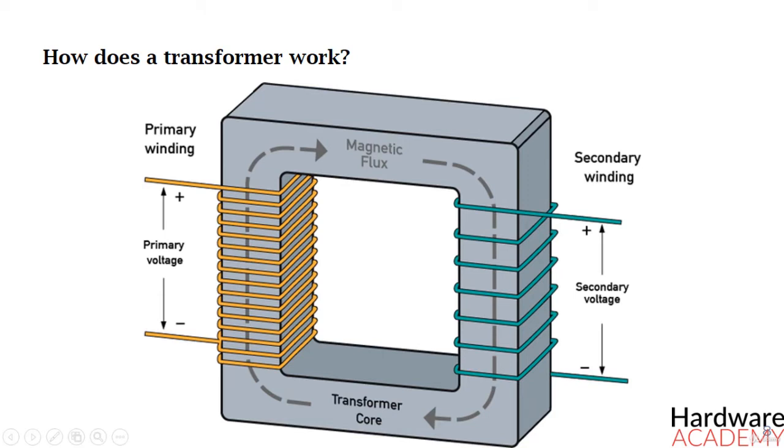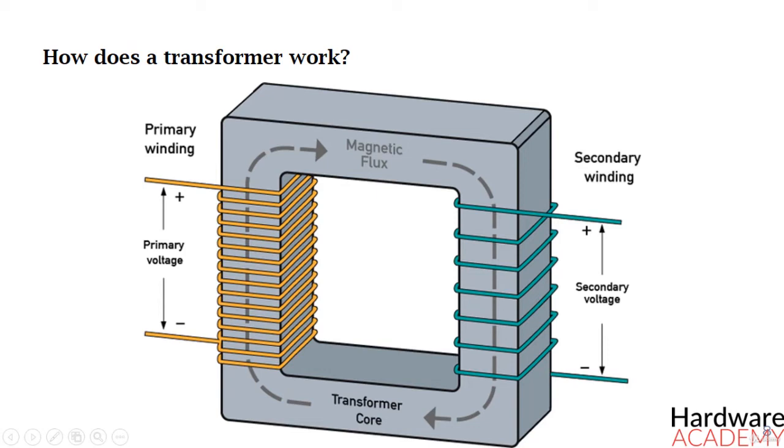We have said previously that a transformer basically consists of two coils wound around a common soft iron core. When an alternating voltage is applied to the primary coil, current flows through the coil, which in turn sets up a magnetic field around itself, called mutual inductance, by this current flow according to Faraday's law of electromagnetic induction.